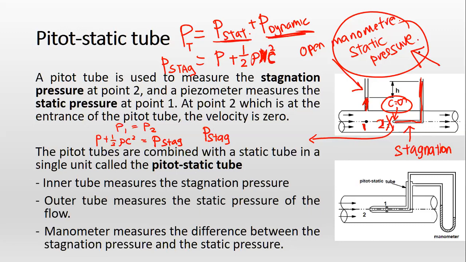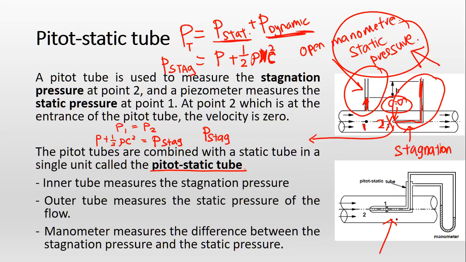Usually, these two tubes, this open manometer and this L-shaped tube, are connected together. So we call it a pitot-static tube. A pitot-static tube will look something like this. The concept is the same, but we want to measure two things at one go.